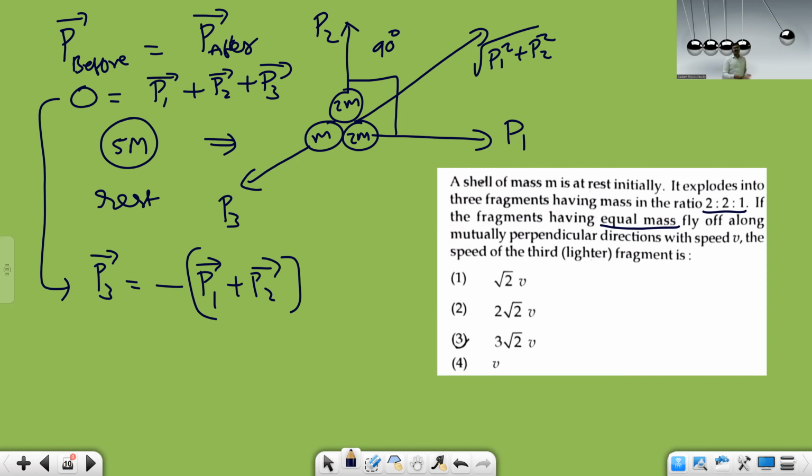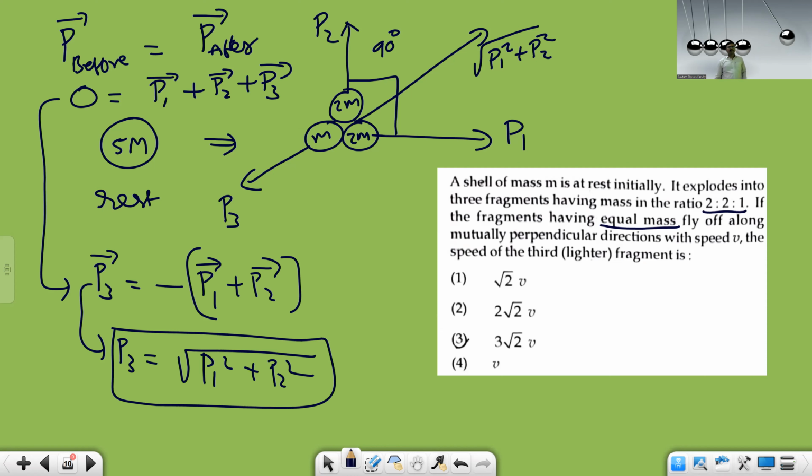So simply from this information you can find the magnitude is the same. P3 is equal to square root of P1 square plus P2 square. How can you write the square root of P1 square plus P2 square, sir? Because P1 and P2 are perpendicular.